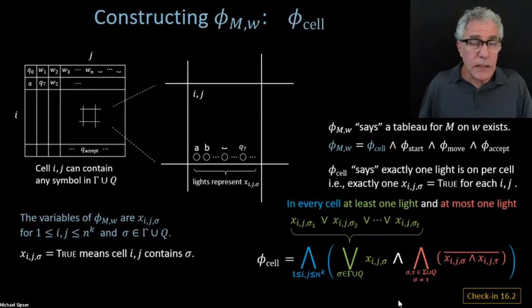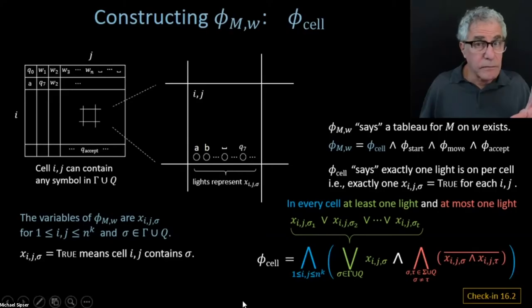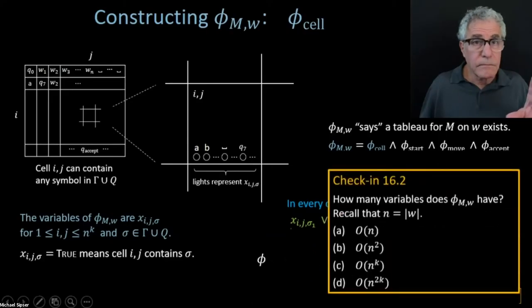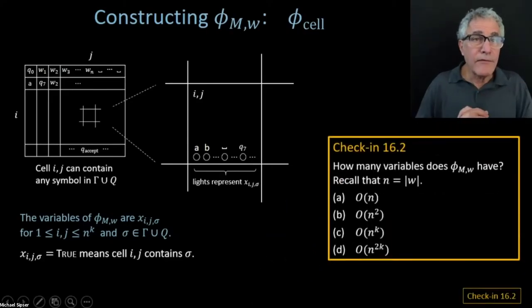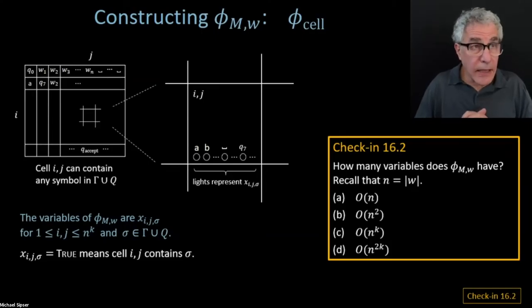Okay, here's a little check to see if you understand at some level what's going on. How many variables does this formula actually have? Is it order n squared, n to the k?